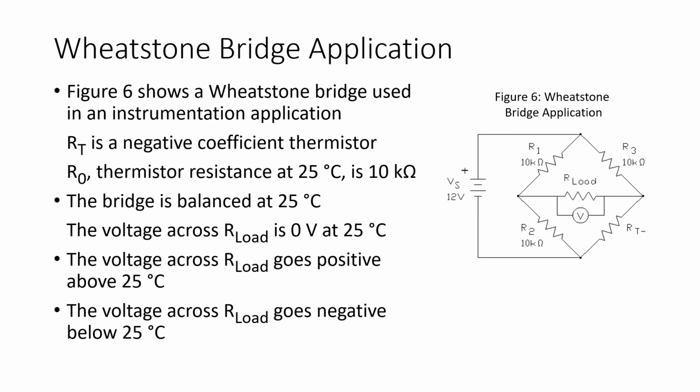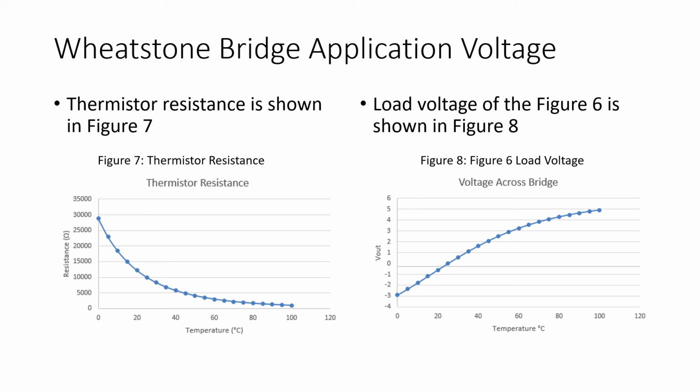However, the voltage across the load resistor will go positive at temperatures above 25 degrees Celsius, and the voltage across the load resistor will go negative at temperatures below 25 degrees Celsius. Because as hopefully you recall from our discussion of thermistors, this is a temperature-dependent resistance. So Figure 7 shows us the resistance of that thermistor as a function of temperature.